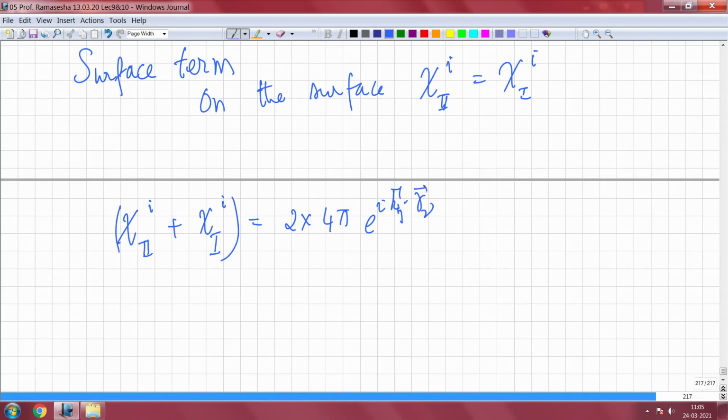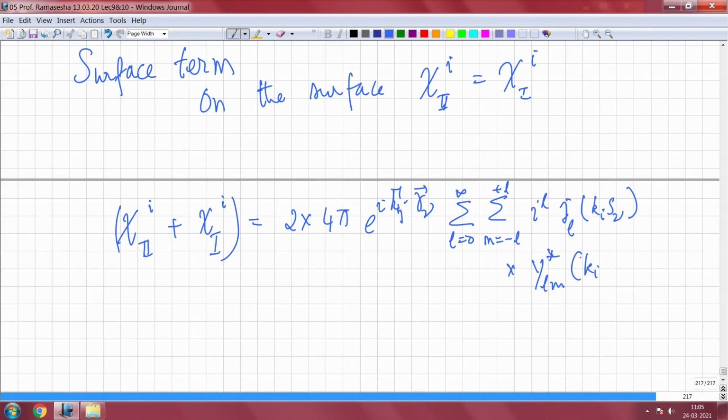So I will have this times r nu, times the sum over L from 0 to infinity, sum over m from minus L to plus L, i to the power L, j L of k i s nu, times Y LM, into Y LM star of the k i angular part, then Y LM of the rho angular part.